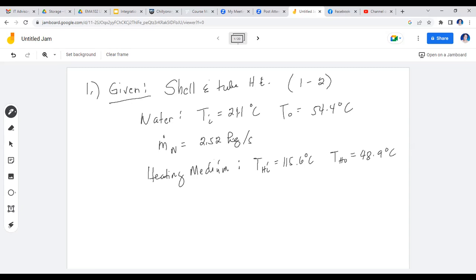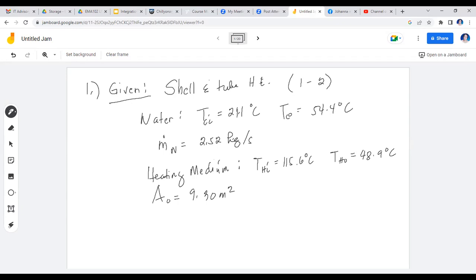Now, since I know that this is my heating medium and this is the medium that is to be heated, then I can place already the subscript C here. That way we can have ease of use of the formula that uses inlet and outlet temperature of the hot and cold fluid. You're given also the outside surface area of the tube at 9.30 meters squared.